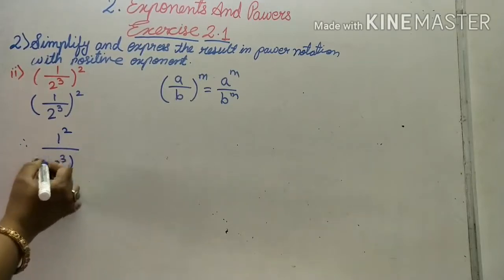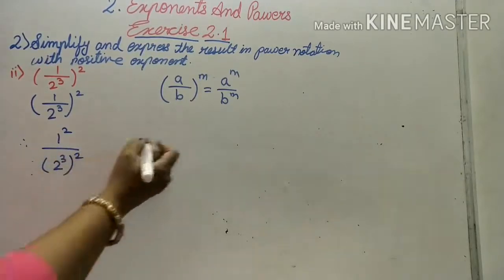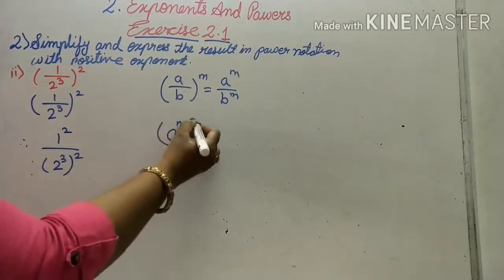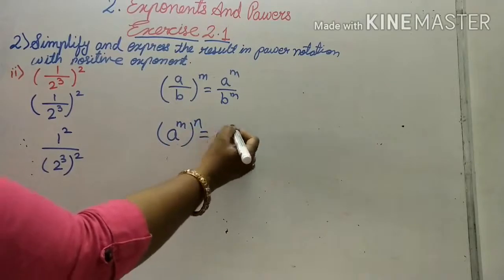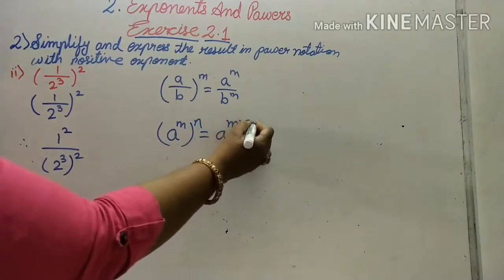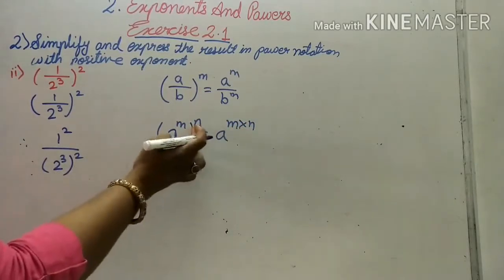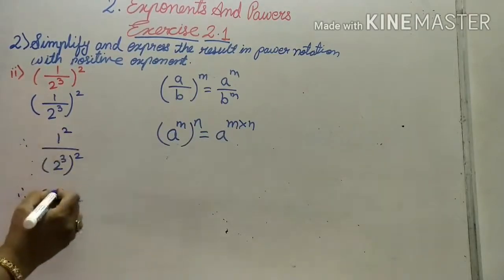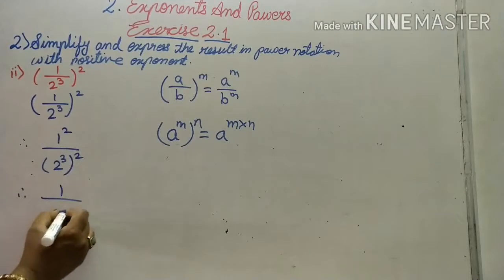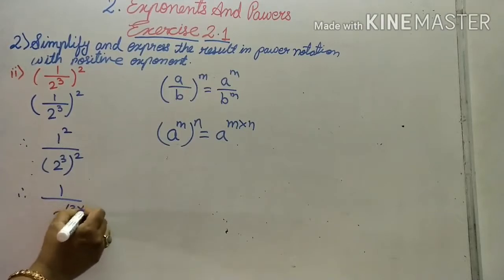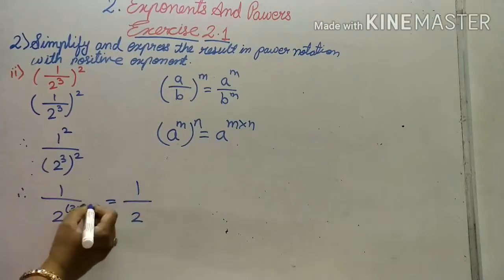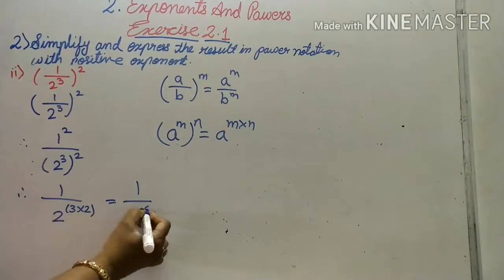Now second, we have to use the law a raised to m raised to n is equal to a raised to m into n. Means we have to multiply m into n. Therefore, 1 square is 1, and 2 raised to 3 into 2 is equal to 1 divided by 2 raised to 6.